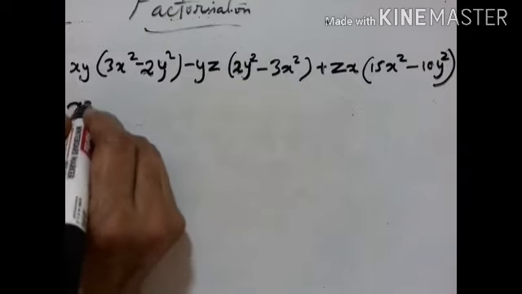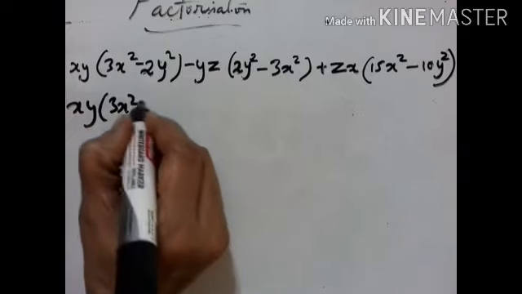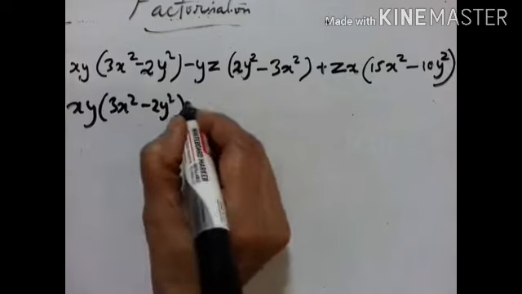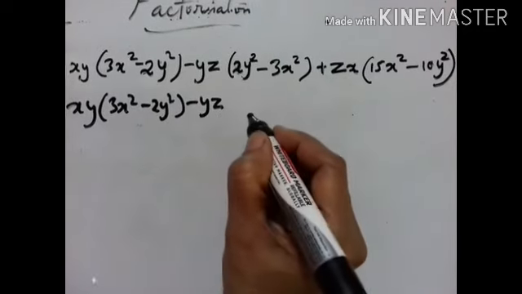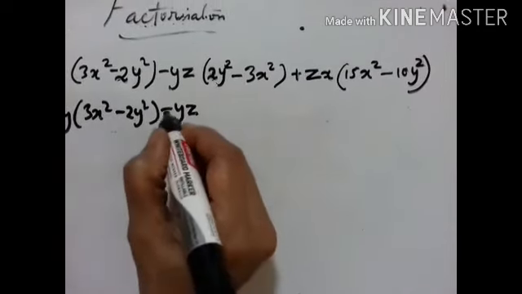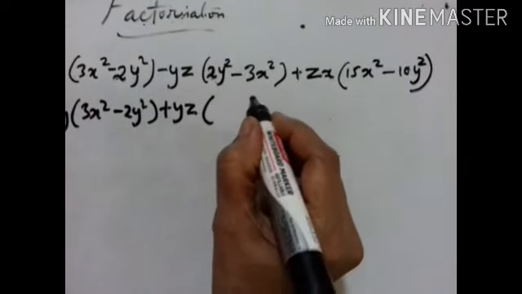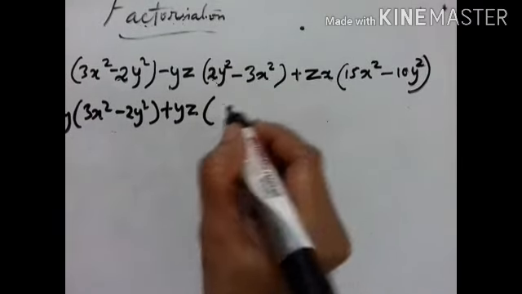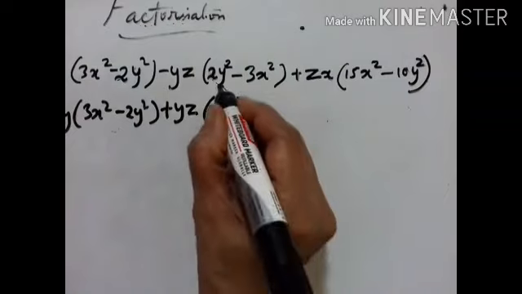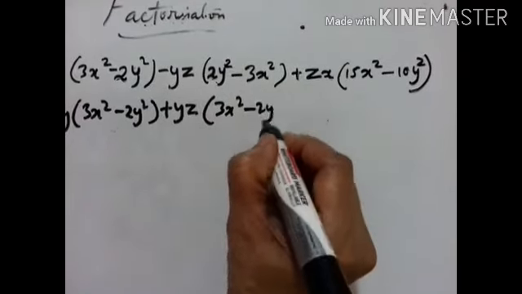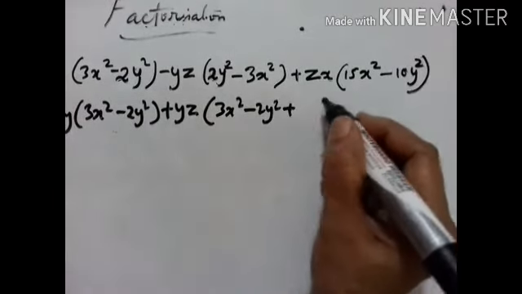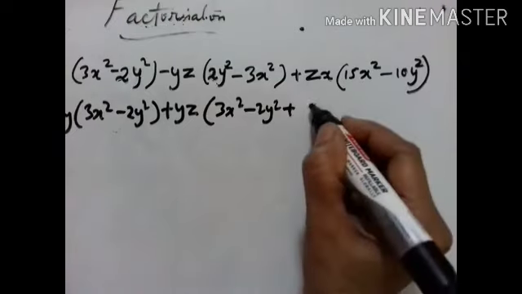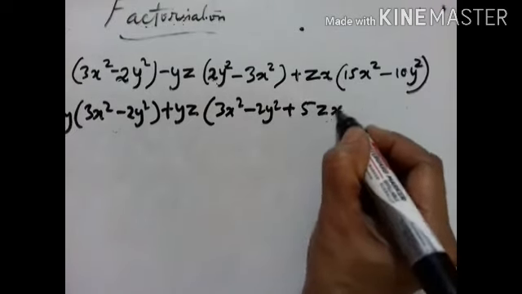So this is xy into 3x squared minus 2y squared minus yz. Let us make it plus yz. So this becomes minus 3x squared becomes plus 3x squared, plus 2y squared becomes minus 2y squared. Plus, let us bring 5 outside, 5zx.